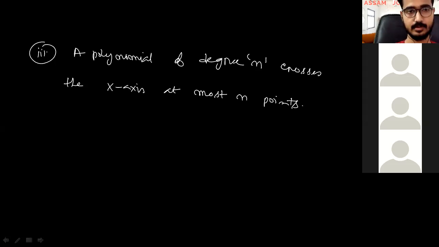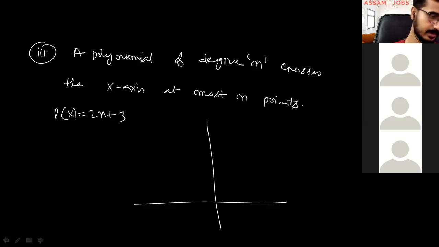Suppose let me take one polynomial, linear polynomial, 2x plus 3. So when you plot this polynomial in the graph, we have already learned how to plot the equation. You have to put the value of x. Suppose let y equal to 2x plus 3.